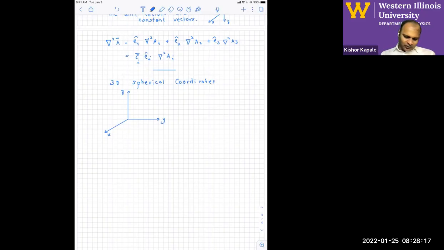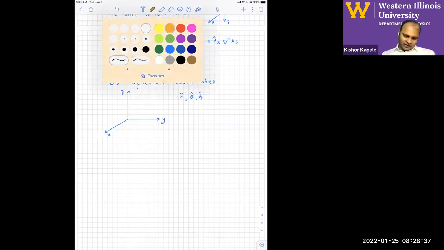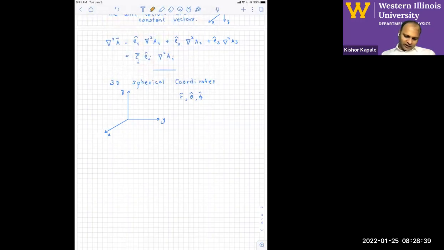Let's take a look at two points, one point here. What is the direction of the radial unit vector r hat? We will try to look at all three of them, r hat, theta hat, phi hat. Let's take some extreme points, right? I'm going to take the point over here, the point along the z-axis. What's the direction of r hat?